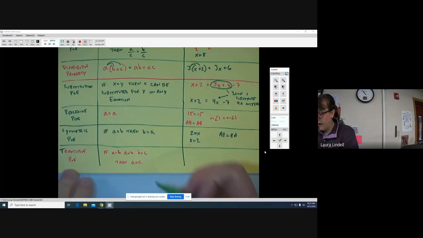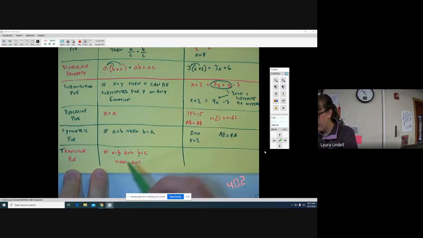You can think of B as the middleman. They have this in common, right? So if A is equal to something and that same thing is equal to C, then A must also be equal to C.